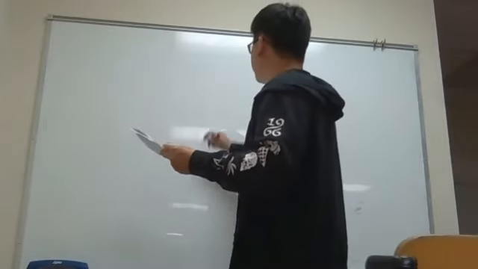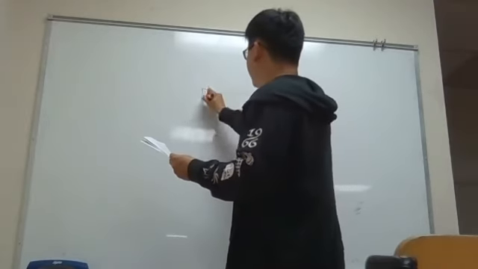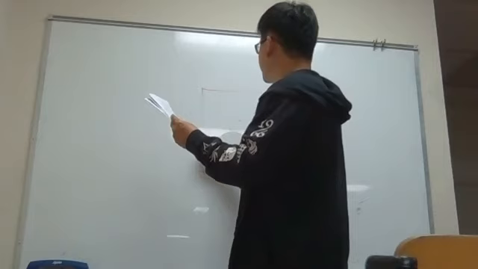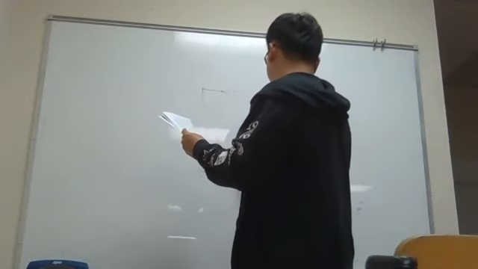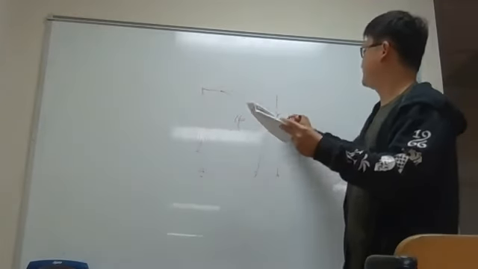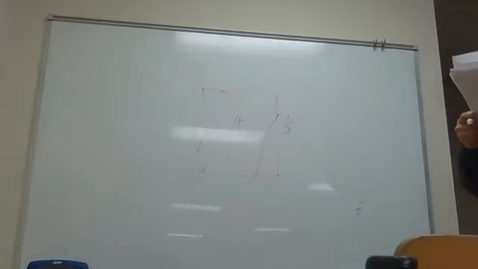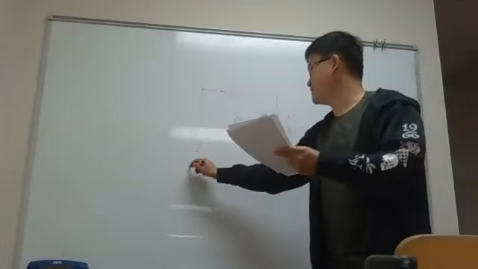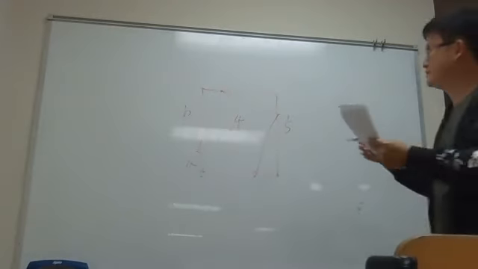So we have a bigger square with area 5, and a smaller square inscribed inside with area 4. Suppose this side is A and that is B. What is the value of A times B?